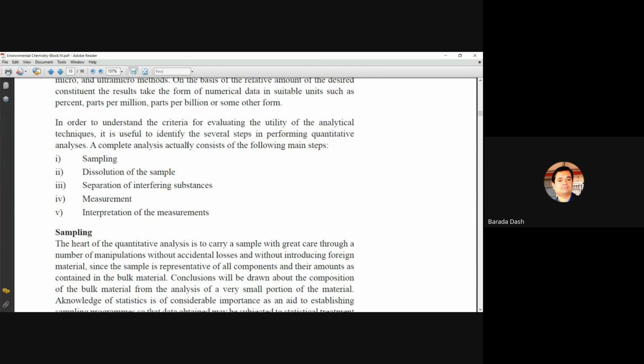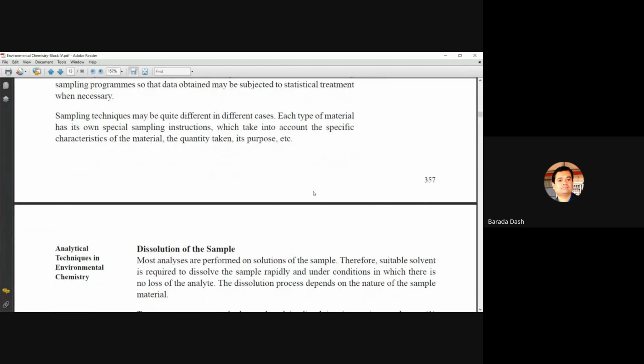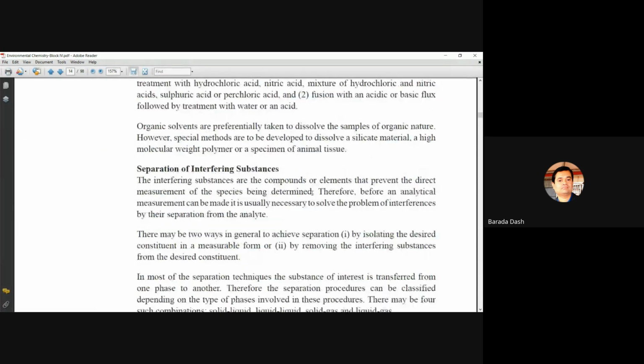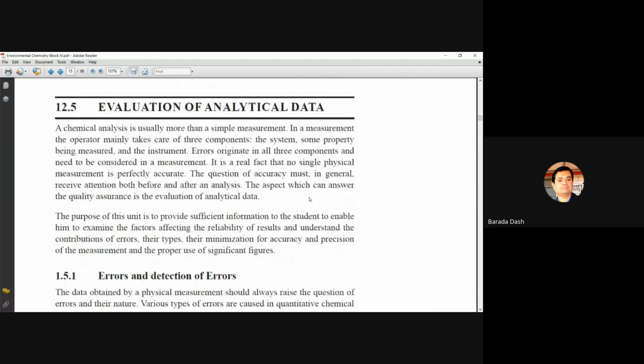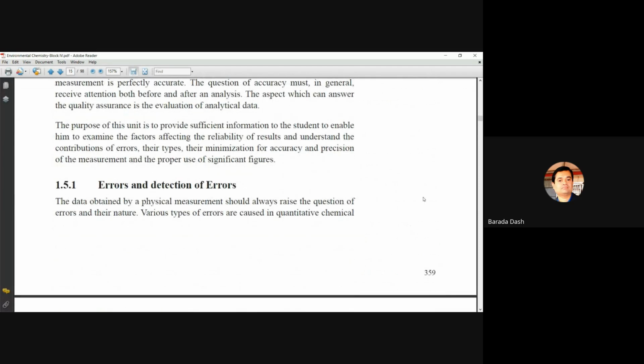The complete analysis consists of the following steps: sampling, resolution of the sample, separation of interfering substances, measurement. So next is evaluation of analytical data, error and detection of errors.